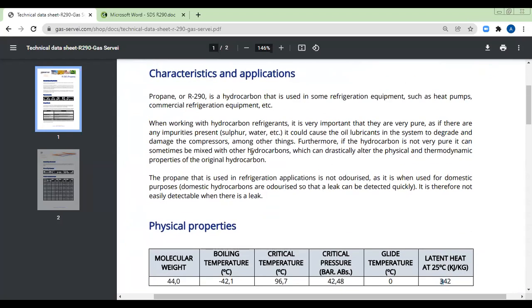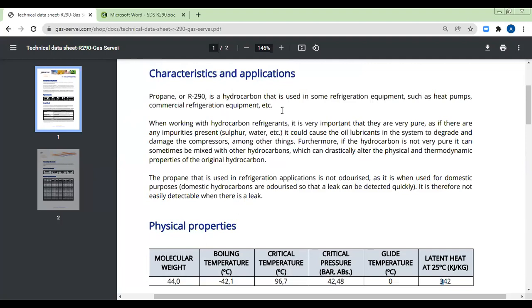If you read, there is some very useful information: characteristics and applications of R290. Propane or R290 is a hydrocarbon that is used in some refrigeration equipment, such as heat pumps and commercial refrigeration equipment.